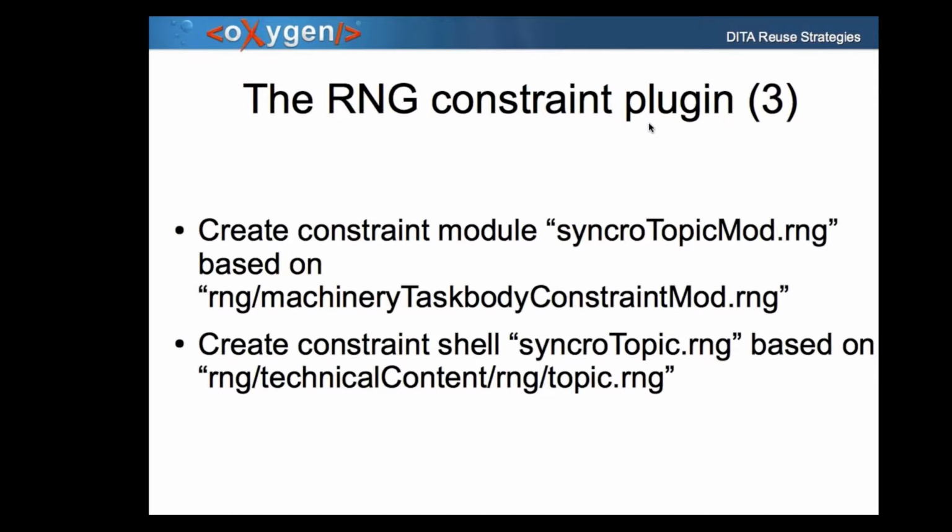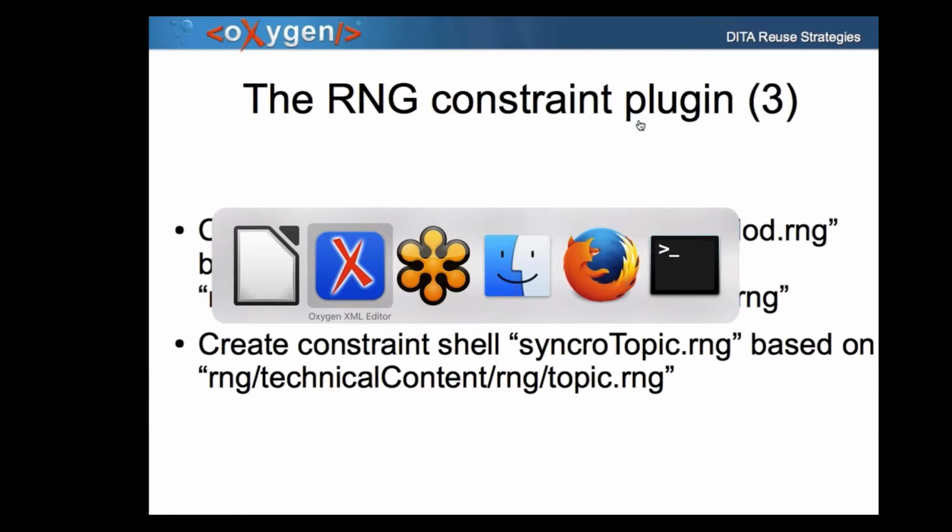In order to create the constraint module for my constraint, I copied massively from the existing machinery task body constraint module.rng. So it was an existing constraint module, and in order to create the shell, synchrotopic.rng, I based that on the original topic.rng available in the plugin.